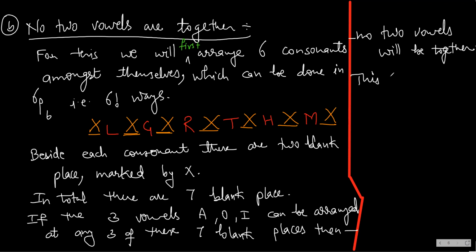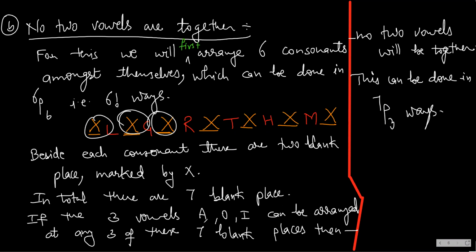This can be done in 7P3 ways. See, there are 7 places and you are arranging 3 vowels in 7 places. So you can do this in 7P3 ways.